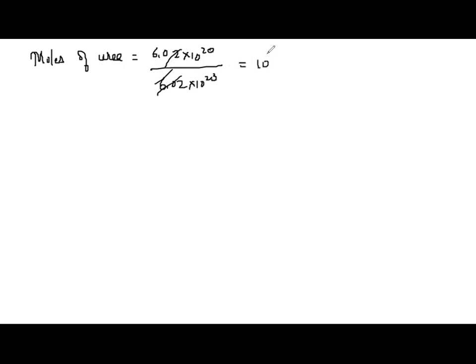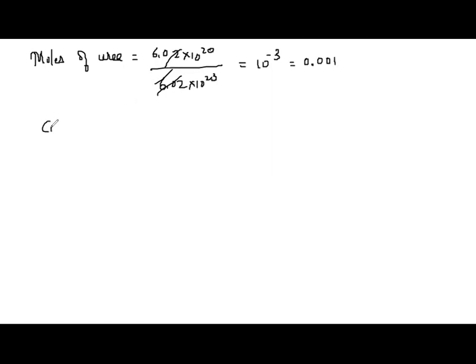So molecules, we need to find moles of urea because concentration is in molarity. So moles of urea, given number of particles 6.02 into 10 raised to 20 divided by Avogadro number 6.02 into 10 raised to 23. So cancels out, 10 raised to minus 3 moles, or I can write 0.001.